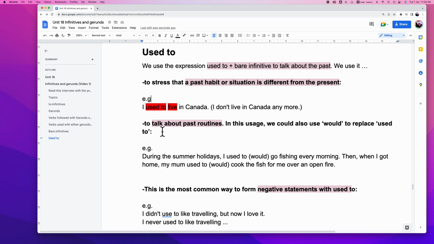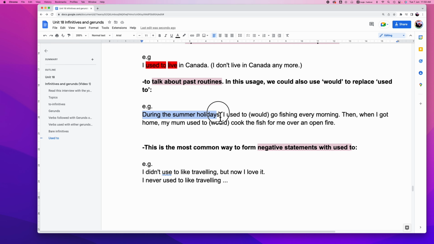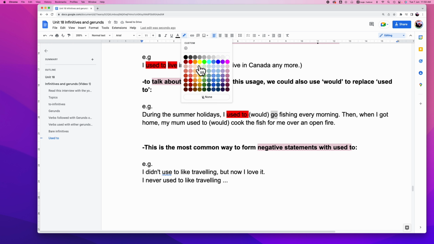Also, when we are talking about a past routine, we could also use the expression used to. Take a look. During the summer holidays, I used to go. So here, which means I would go fishing every morning.